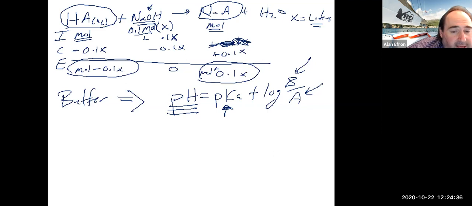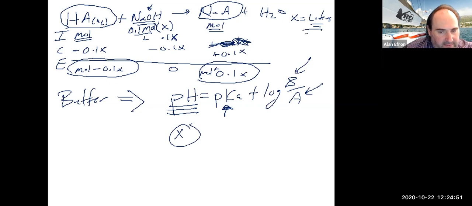And once you do all that in some very careful math, people always screw it up, so take your time with the math part here. Once you do, you might want to solve for X. And when you do, X will equal the liters of sodium hydroxide you would need to add in this particular example. You then can convert it to how many milliliters that would be.